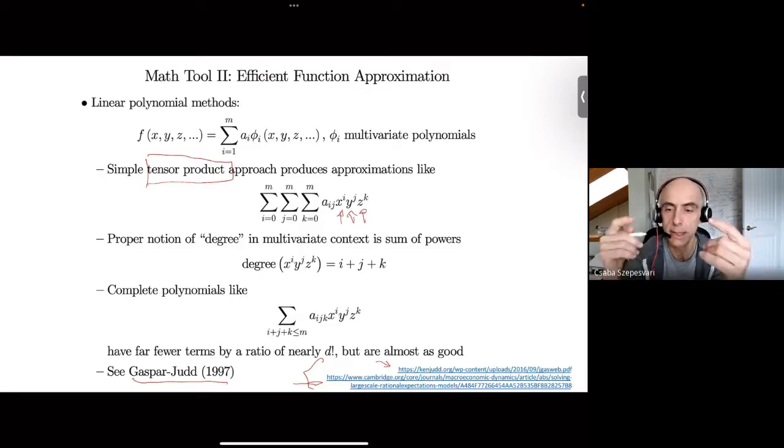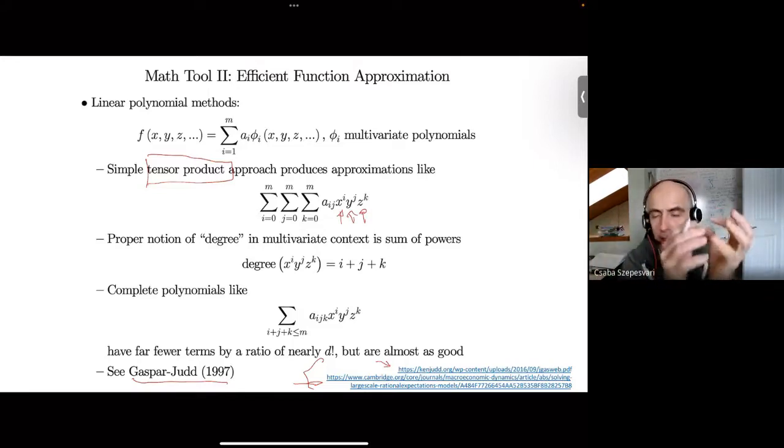And then you consider all products of these basis functions that are defined only for one dimension, one variable. And you consider all possible products up to degree m. So this would be the tensor product construction.